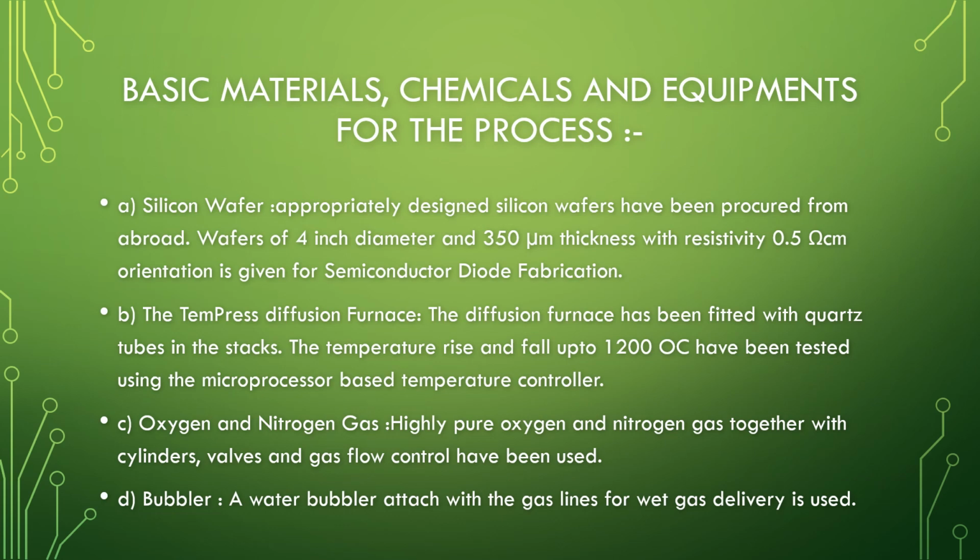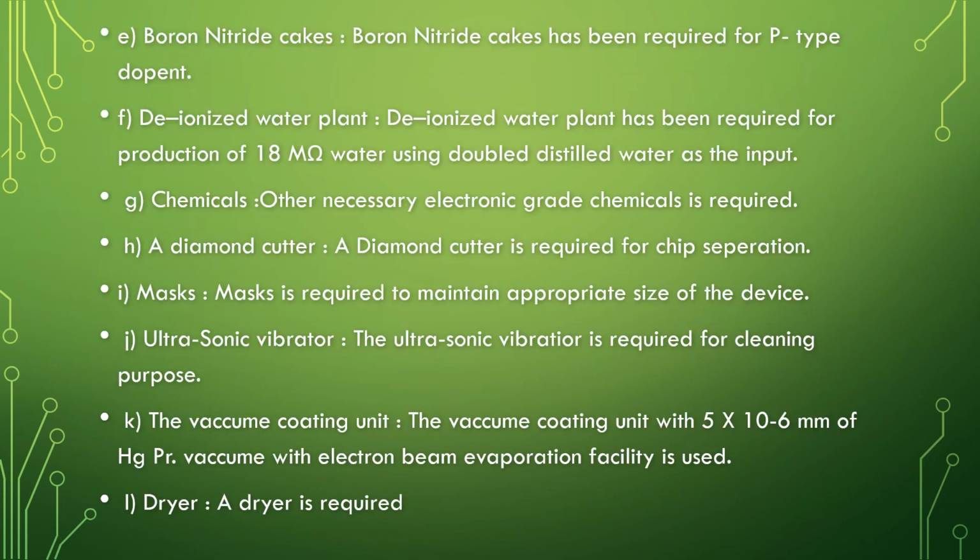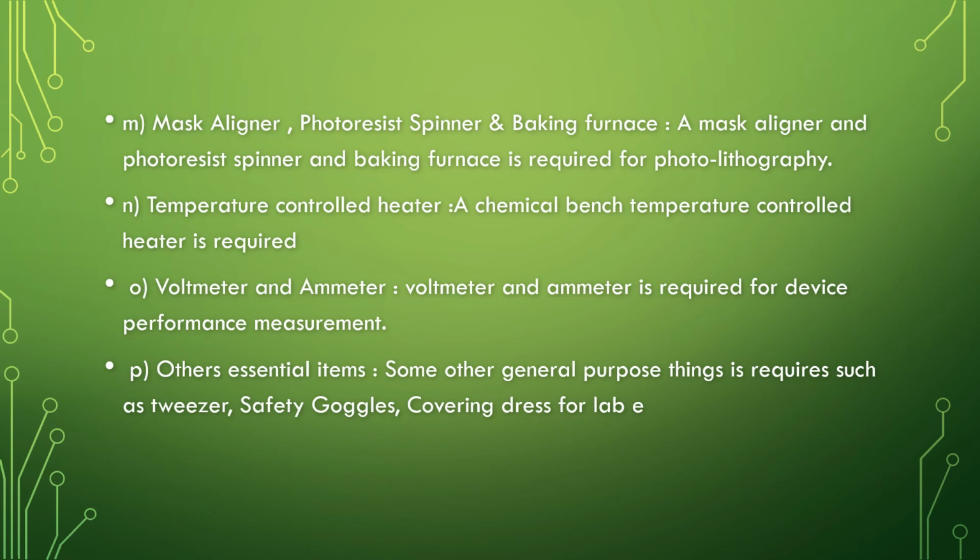Basic materials, chemicals, and equipment for the process are silicon wafer, the tempest diffusion furnace, oxygen and nitrogen gas, bubbler, boron nitrate cakes, deionized water plant, chemicals, a diamond cutter, masks, ultrasonic vibrator, the vacuum coating unit, and a mask aligner, photoresist spinner and baking furnace, temperature controlled heater, voltmeter and ammeter, and other essential items.